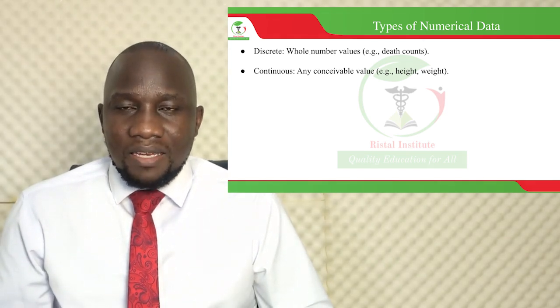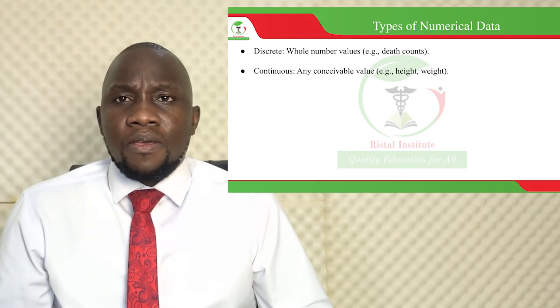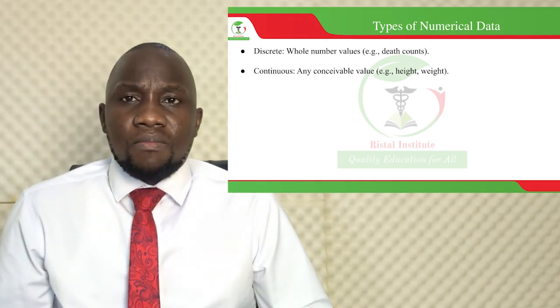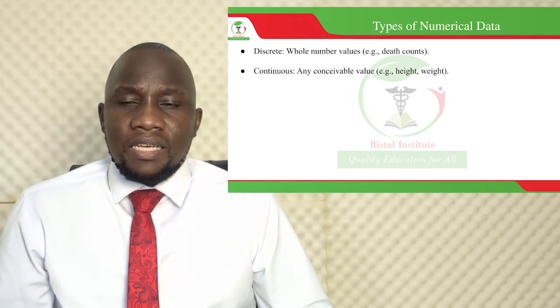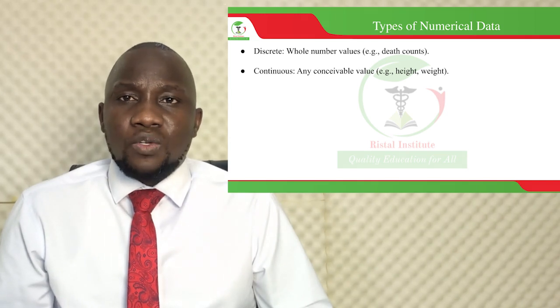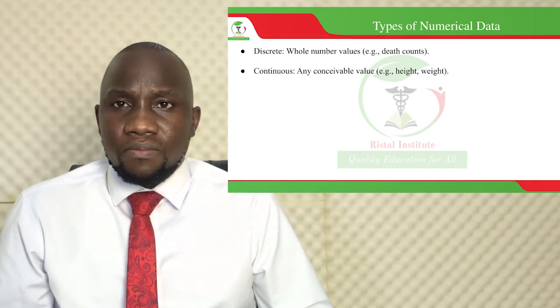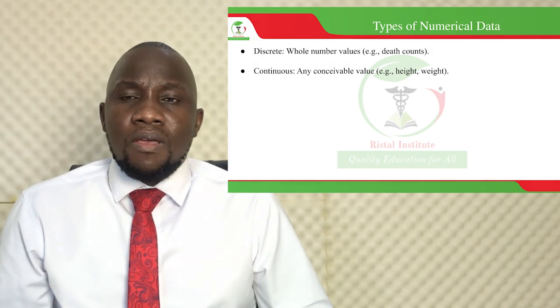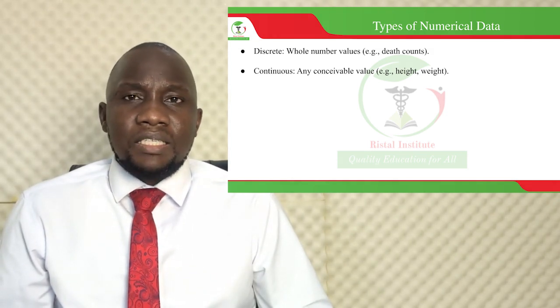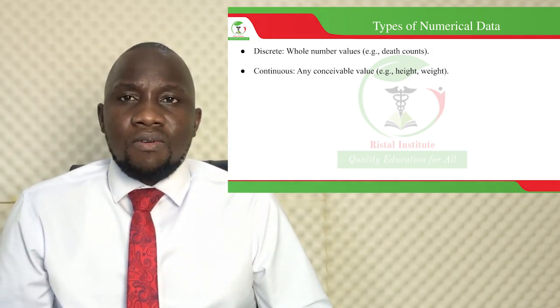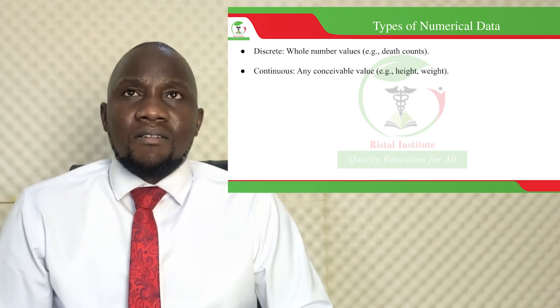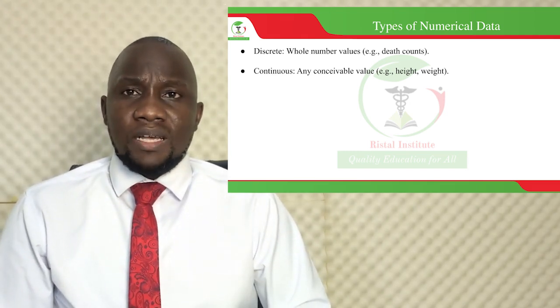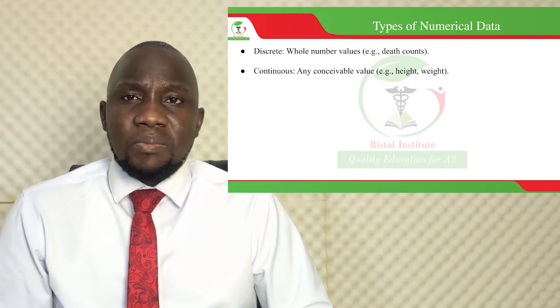What does that mean? Continuous variables: intelligence, height, weight, these are continuous variables. Meaning that you cannot say that you cannot have a person who has a height of, let us say, 1.8.